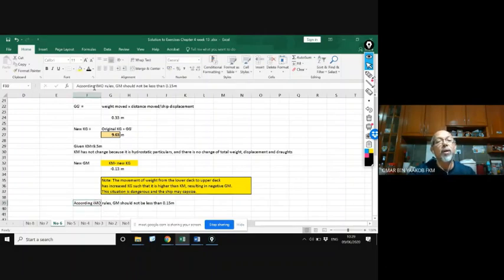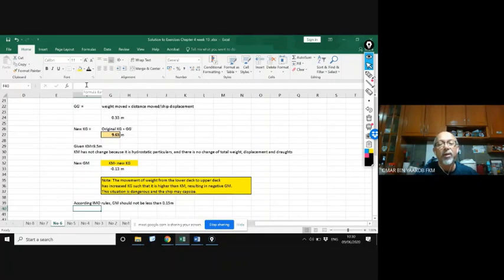That is what IMO has said as the safe GM, for a normal, typical merchant ship. For fishing vessel, it's bigger, 0.3 or 0.35. But for commercial vessel, it is 0.15.